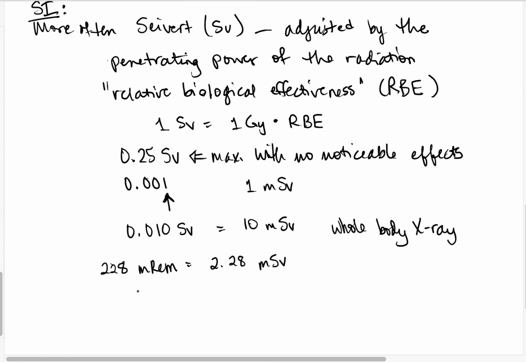And so that means that that would be 0.0028 sieverts. So this is from radon, and that was on our diagram as well, that these naturally occurring sources of radiation are much smaller than most of the other things that you will experience.